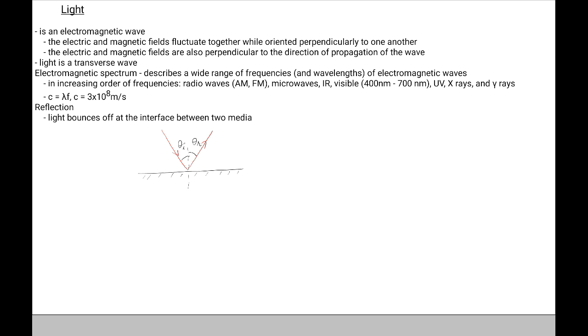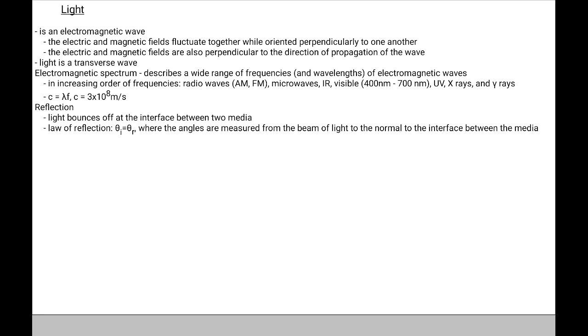So these angles are measured from the beam to the perpendicular to the interface between the two media. So this angle here is 90 degrees. And this angle and that angle are the same.